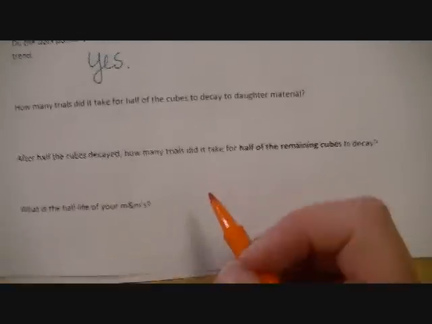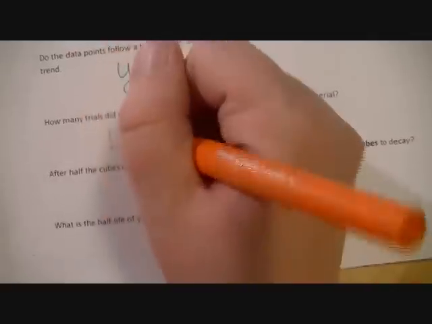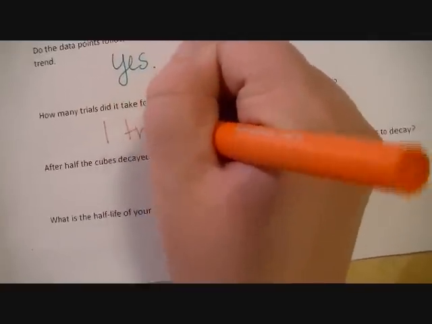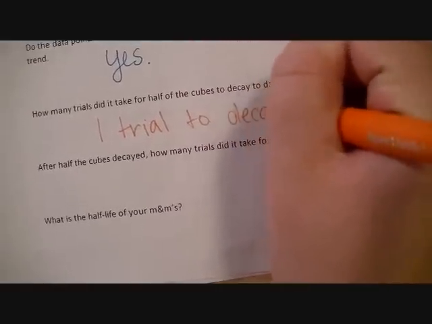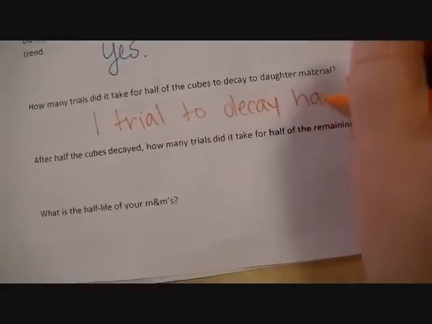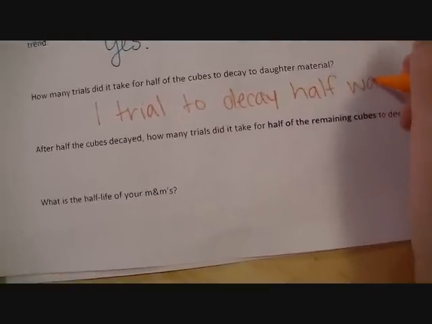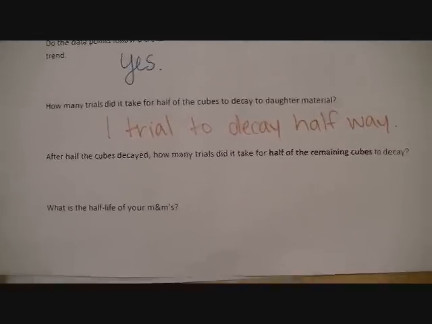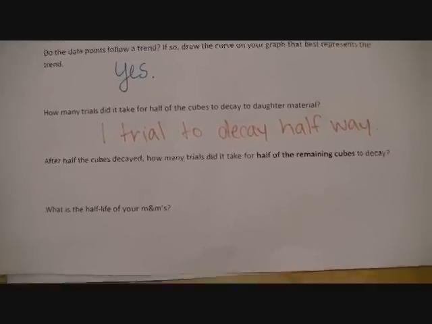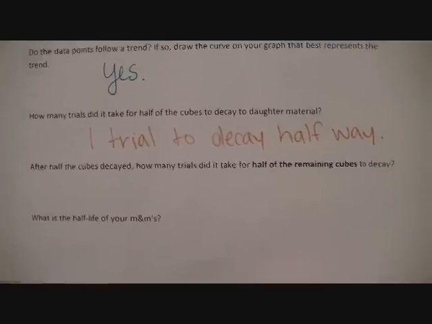So on this other page, I'm going to say it took 1 trial to decay halfway. For you, this may be different. It may be 2 or 3 trials. It depends. Now the next question.